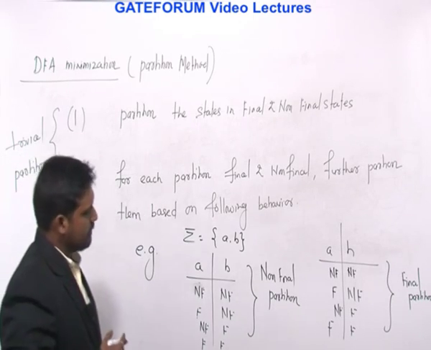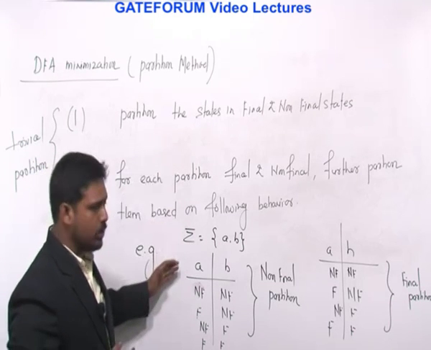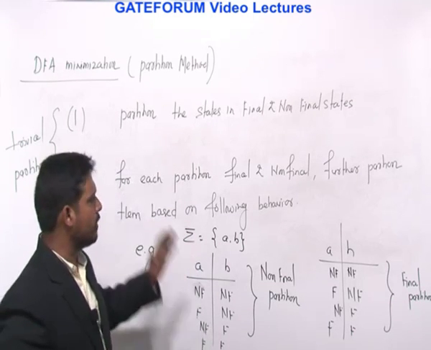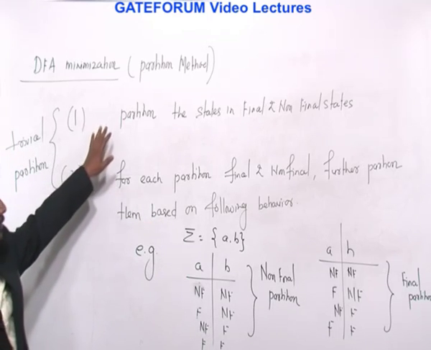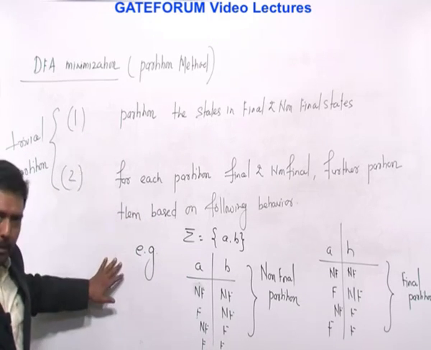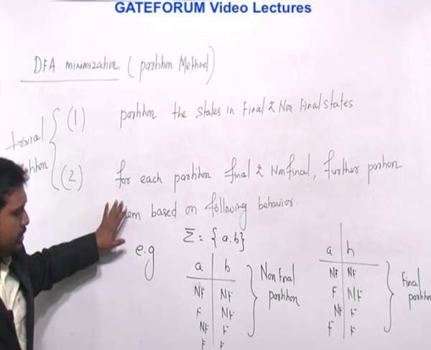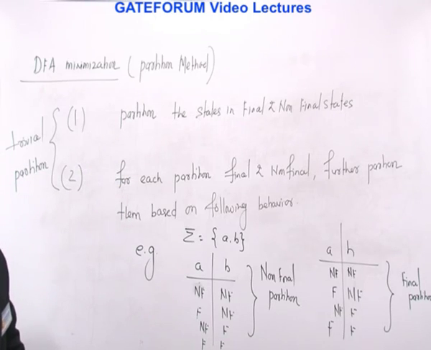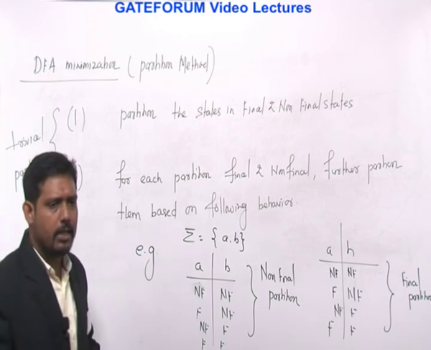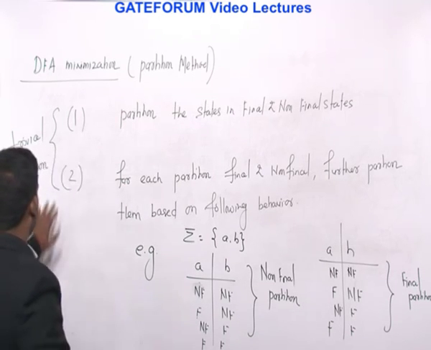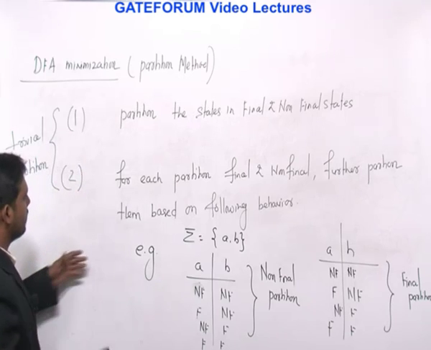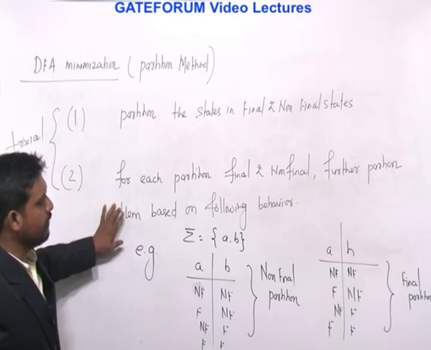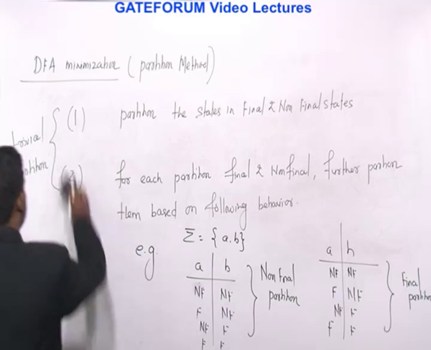Let's do examples for these 2 trivial partitions, and then we will progress to the third step, how we can check further whether states are equivalent or not. We'll practice the first 2 methods, then I'll explain the third method of the partition. These are trivial, and you can apply them anywhere.